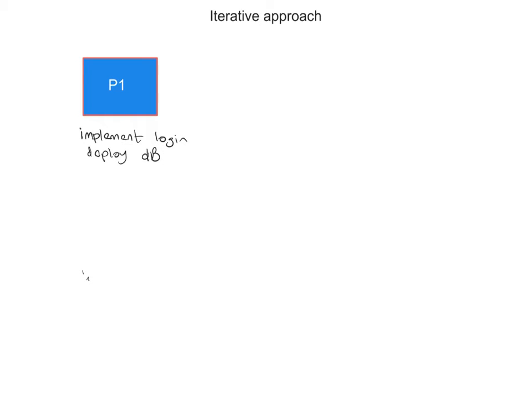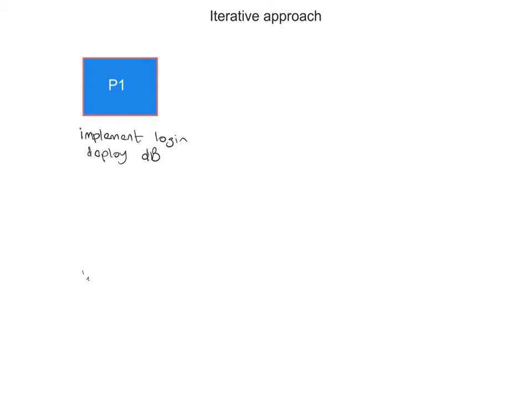Now I have to think, well, what does this mean, and how am I going to do this? How would I approach this particular prototype? This is where it's a very good idea to keep a separate logbook as well, which records the necessary process to do this. So in order to implement this login, which is going to be my first prototype, the first thing I might do, depending on how you're doing your design, is decide to deploy the database.